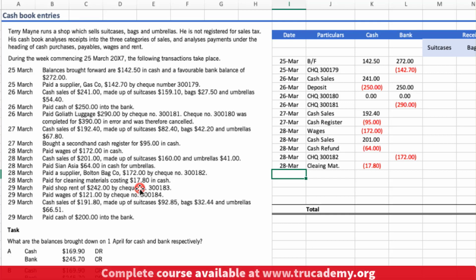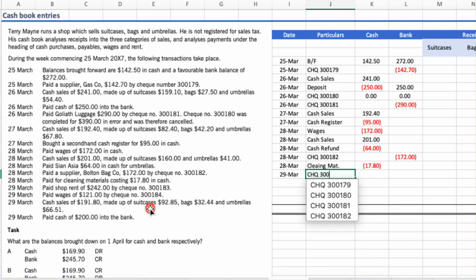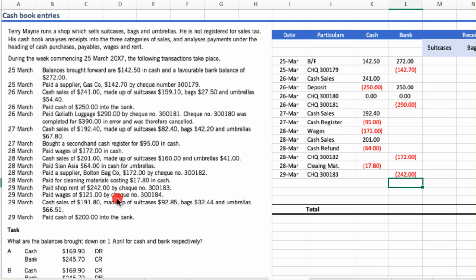Then after this, 29th March, paid shop rent for 242 by check number 300183, and from the bank account we made a payment, how much? $242. So we will reduce it from the bank account.